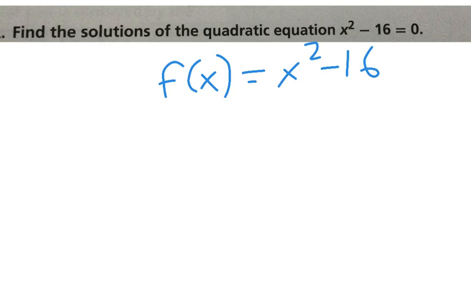Now, what happens on an x-intercept? Think about any x-intercept you could think of. Let's say this point is 4, 0. Let's say this point is negative 3, 0. Thinking specifically about the solutions, the roots, the x-intercepts, what's true of both of these x-intercepts?